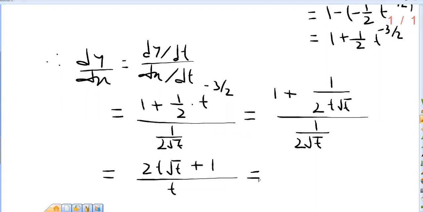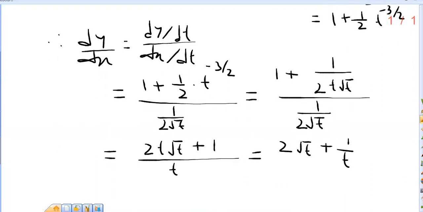So what is dy dx? Finally, dy dx is 2 root t plus 1 upon t. But t is 4. So this is 2 root 4 plus 1 upon 4.